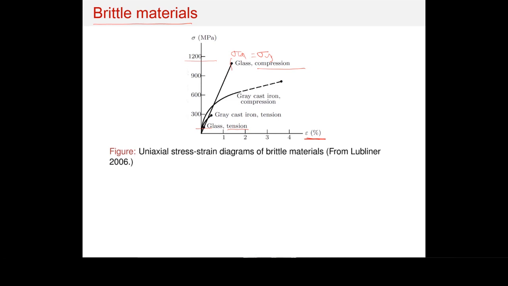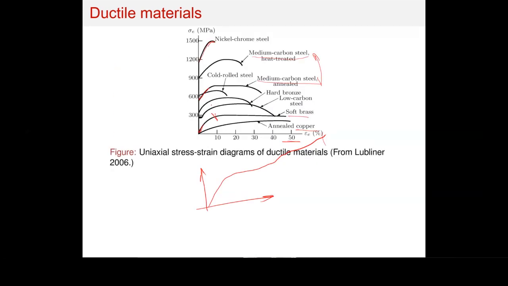If you look into the ductile material, you see that the yield strength is probably somewhere here. The ultimate stress is going to be the maximum amount of stress, probably clearer here. So if we look into steel, you will see that the yield stress will happen here. This is sigma y. The ultimate stress is the maximum amount of stress the material can take before it fails. So this is sigma ultimate.